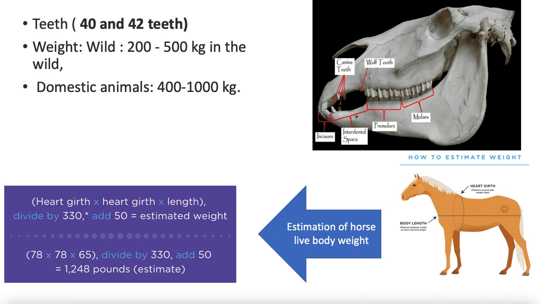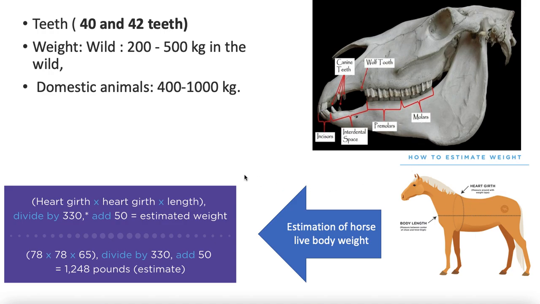If we talk about the other characteristic, the teeth, it normally has 42 different kinds of teeth, and here you can see that the different types of teeth are present.